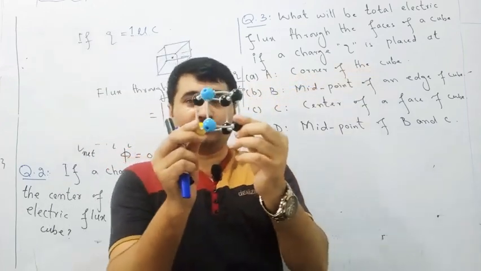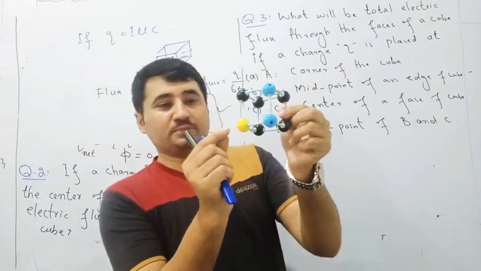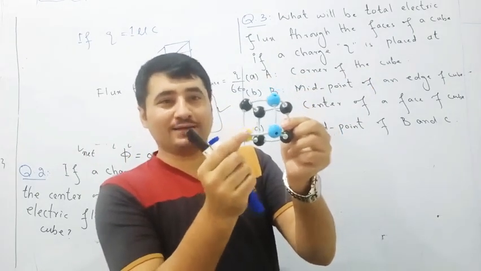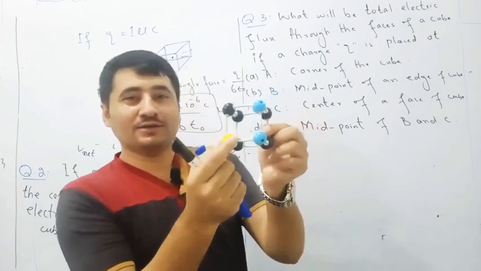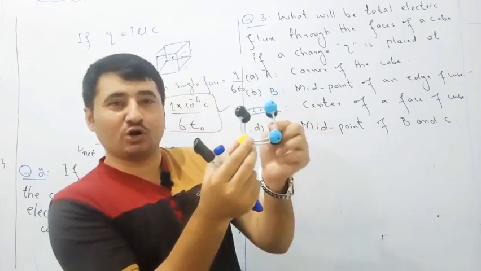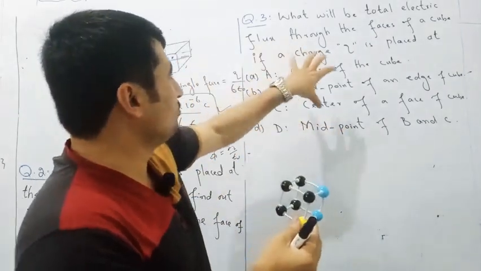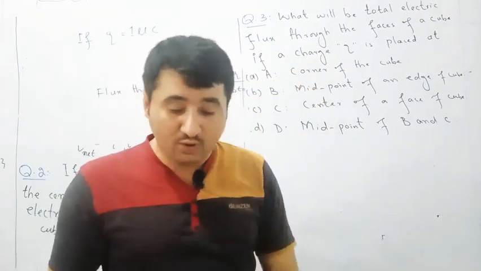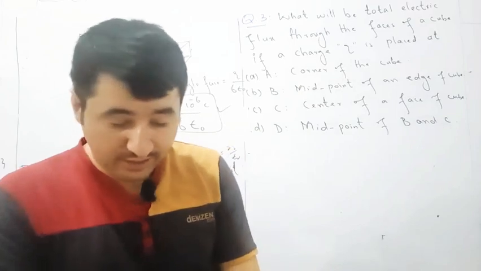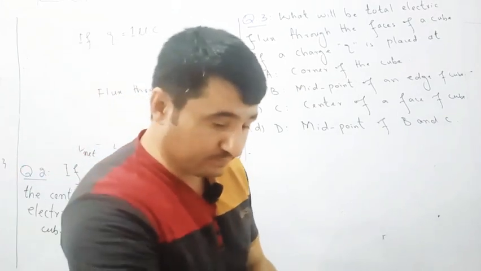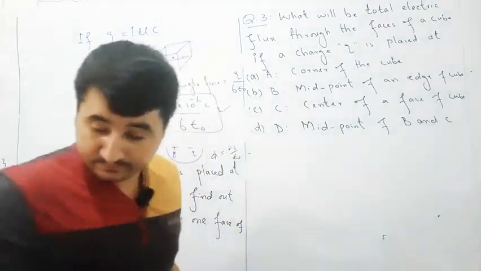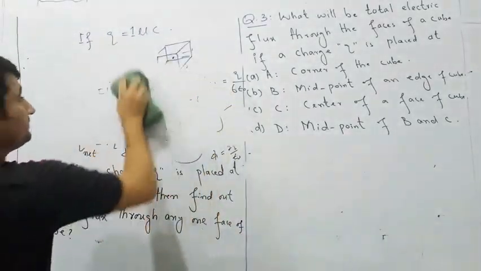You have a cube, this one, and the charge is placed at the corner of the cube. So let this yellow ball be the charge, and it is at the corner. So again, what will be the electric flux? Electric flux की value क्या होगी if the charge is at the middle? So you have a cube. Let me clean the board.